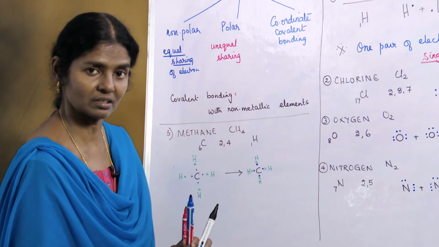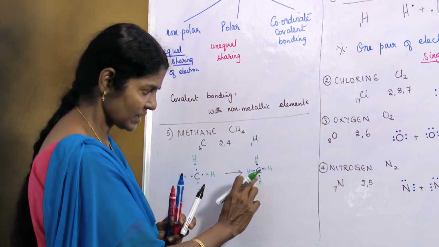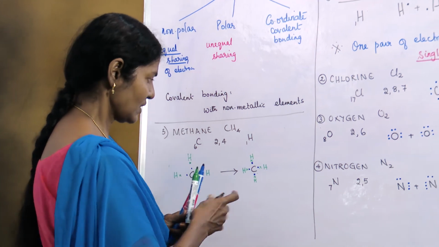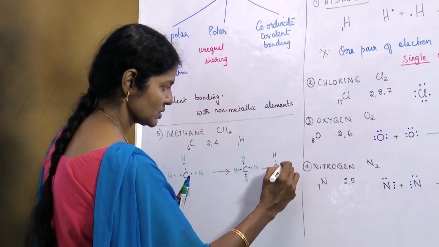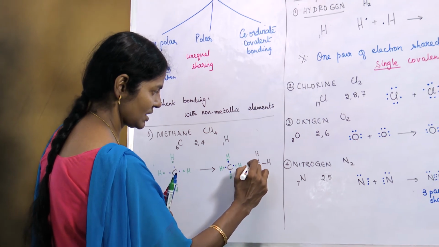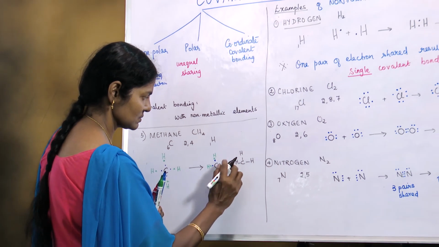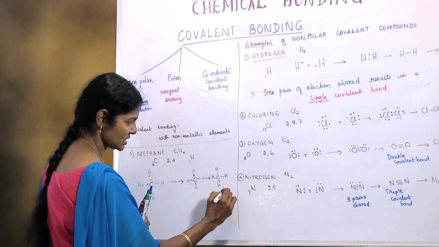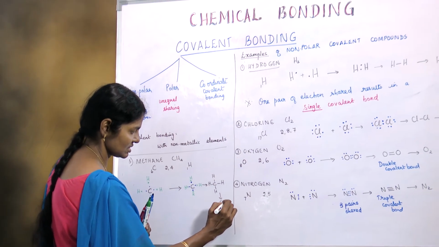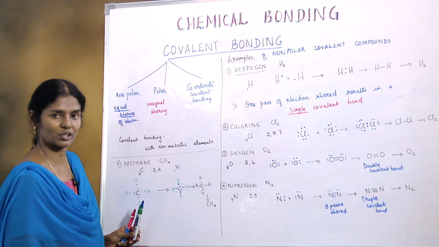Now if you see here, there is only 1 pair that is being shared. Therefore, only 1 bond will be formed between the hydrogen and carbon atoms this way. This is represented as CH4. This is the methane molecule.